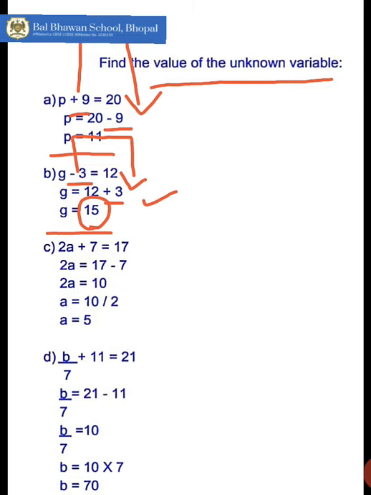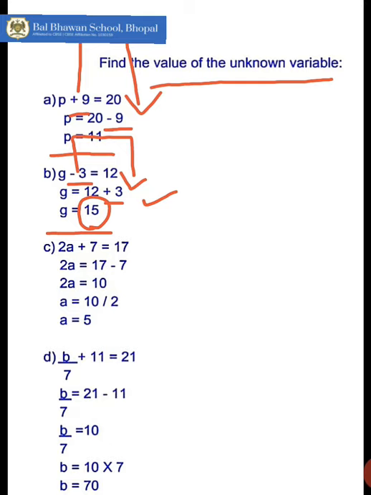One more thing you have to remember. In this method of transposition, children, whenever you are transferring a plus sign, it will become minus when it goes to the other side of the equal to sign. Whereas if you are transposing a minus sign, it will become plus when it goes to the other side.